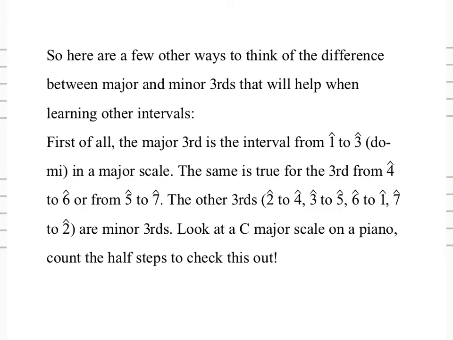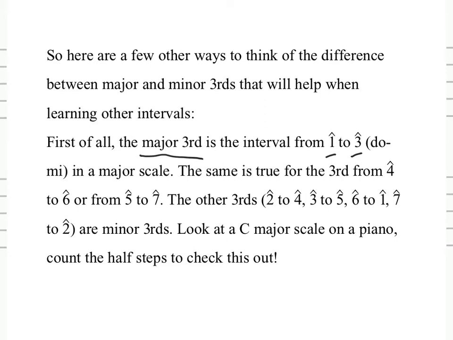So here are a few other ways to think of the difference between major and minor thirds that'll help when learning other intervals. First of all, just like the major second was the distance from the tonic up a step to scale degree 2, the major third is the interval from scale degree 1 up to scale degree 3. Do, mi, in a major scale.